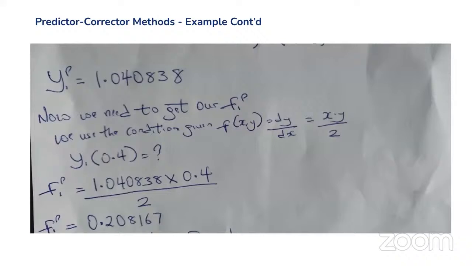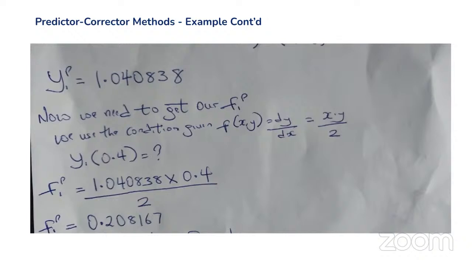But the predictor and corrector formulas work hand in hand, because the corrector formula depends on the value derived from the predictor's formula and on the condition that was given for that problem. And the key thing to note here is that the condition must be followed and adhered to strictly.